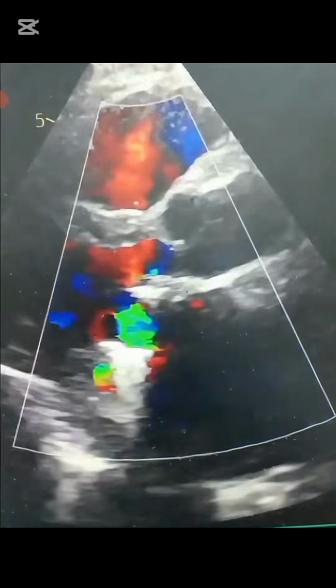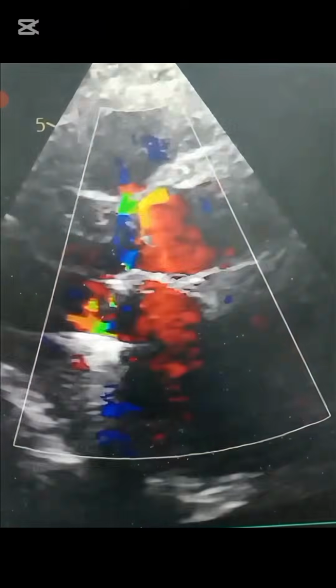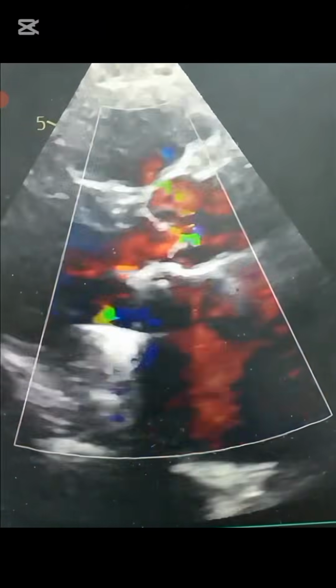Number two is infective endocarditis, which can cause vegetations, abscess, and dehiscence or leaflet destruction. But in this case, we do not visualize any vegetations. Number three, mechanical dysfunction, in which the leaflet or disc is stuck or fractured, mainly seen in older mechanical valves.